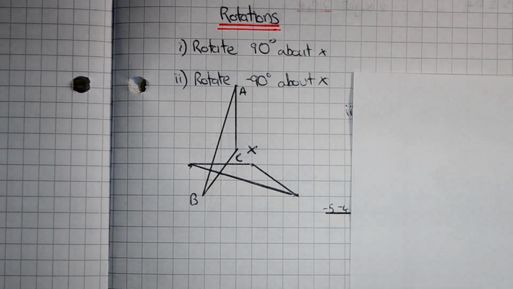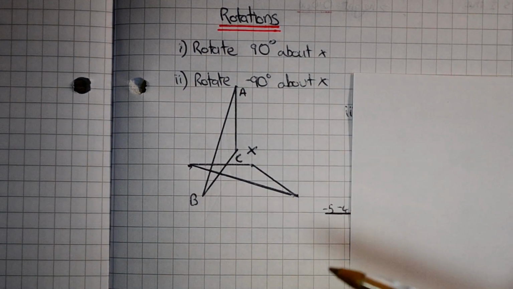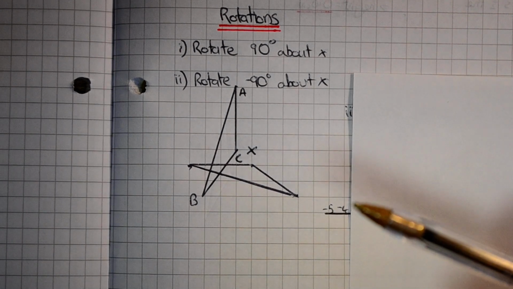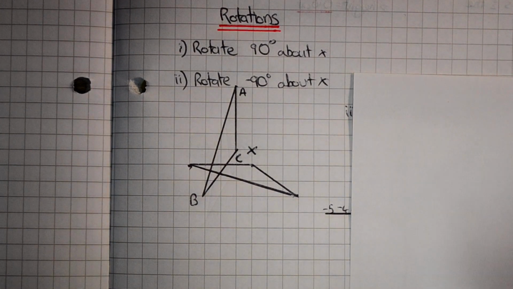You notice with a rotated shape that it's the same size, the sides are the same length, the angles are the same, it's just changed position, it's rotated round.